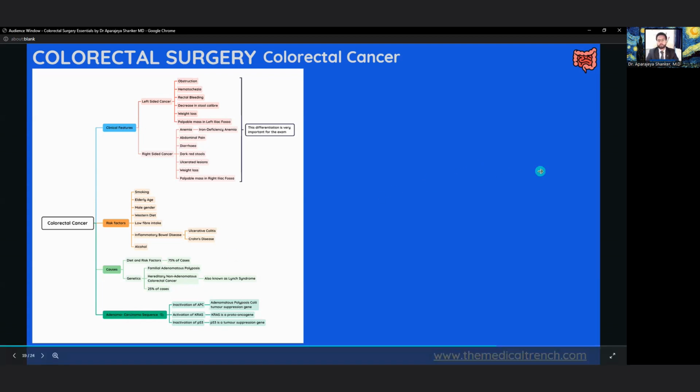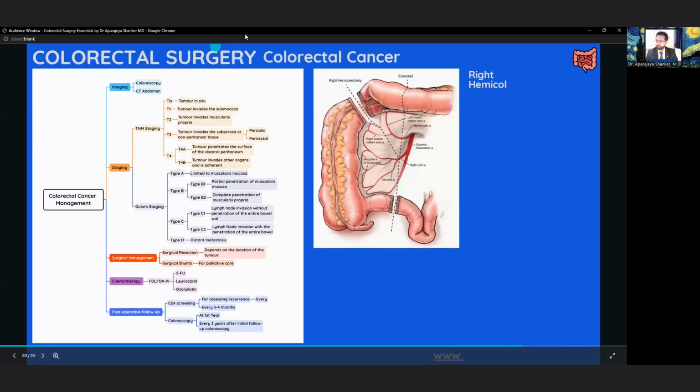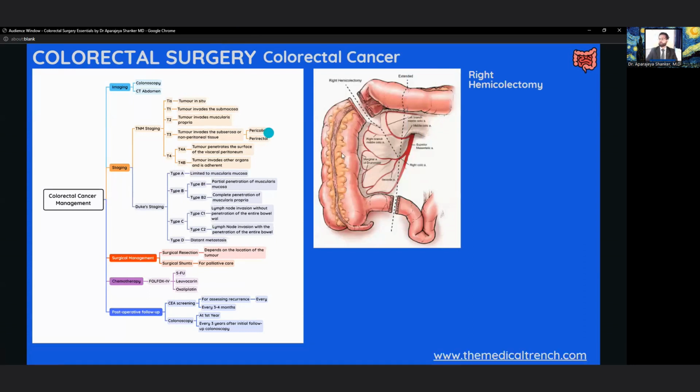Okay. Now let's go on to the next slide here. The next slide, we are going to just talk about colorectal cancer in and of itself, right? Now, colorectal cancer is one of those cancers where the success of surgical oncology, that is surgical resection, is the highest in this case, right? So that means essentially that for most patients with colorectal cancer, we're going to just operate.